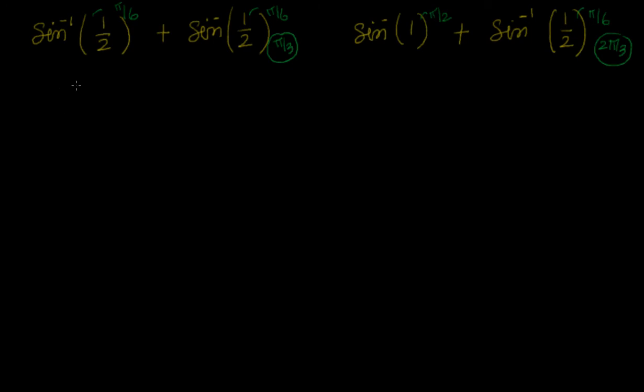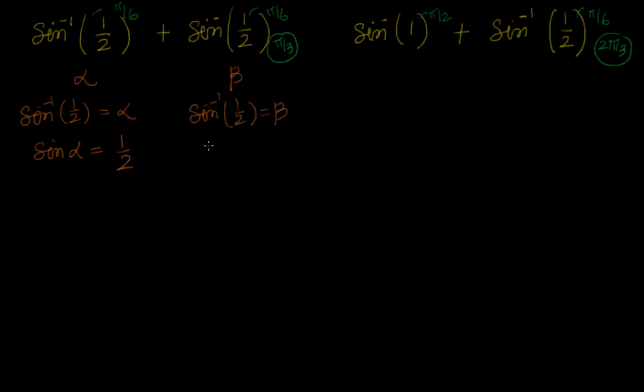Now what I will do, I will take it as alpha, I will take it as beta. I will say sine inverse 1 by 2 equals alpha. Sine inverse 1 by 2 equals alpha. That gives me sine alpha equals 1 by 2. Similarly, sine inverse 1 by 2, I will take it as beta. So that gives me sine beta equals 1 by 2.